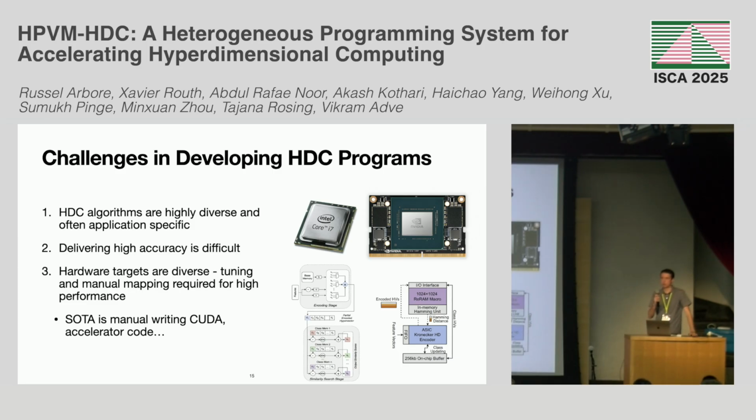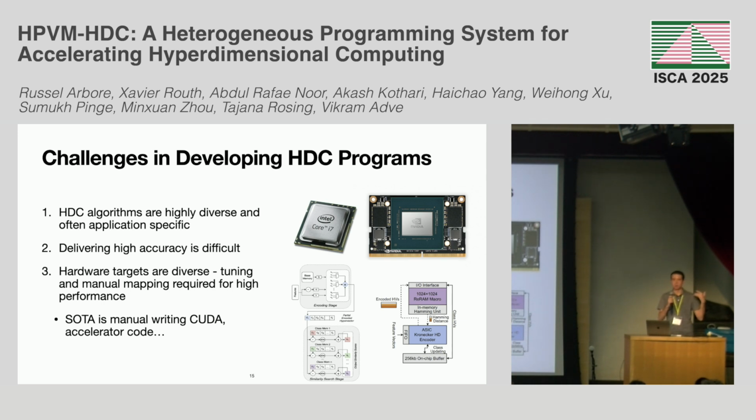The second challenge is that delivering high accuracy with HDC is rather difficult. Intuitively, because HDC is much simpler than something like deep learning, you're going to have a harder time developing an HDC system that will deliver a high quality of service on your task. And often this requires tuning in terms of hyperparameters, but also tuning in terms of algorithmic choices.